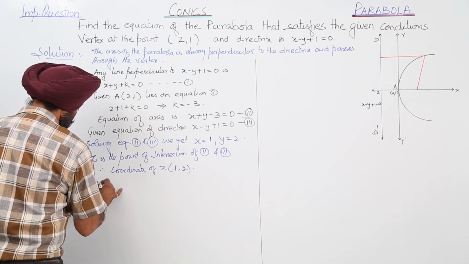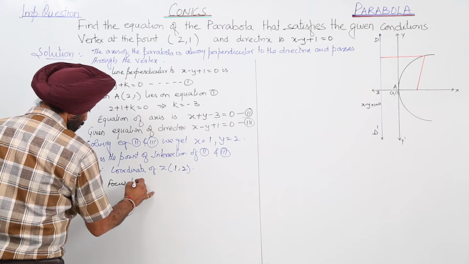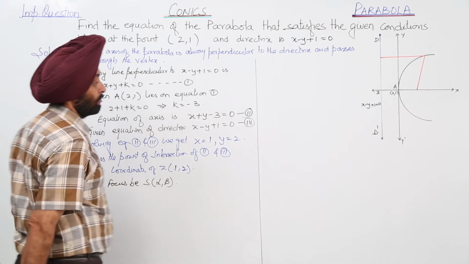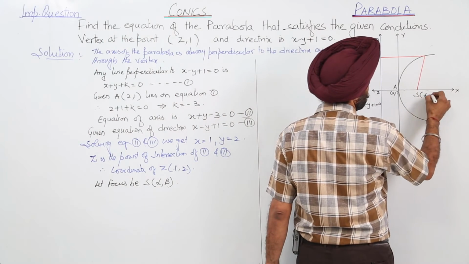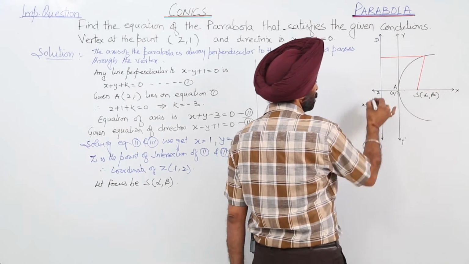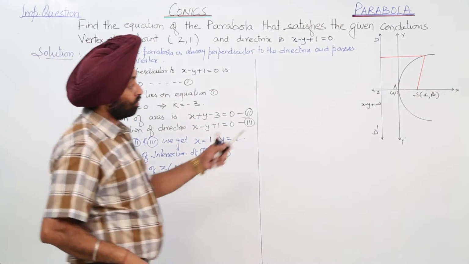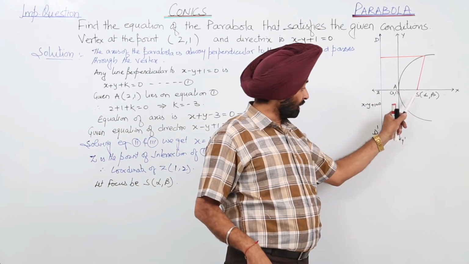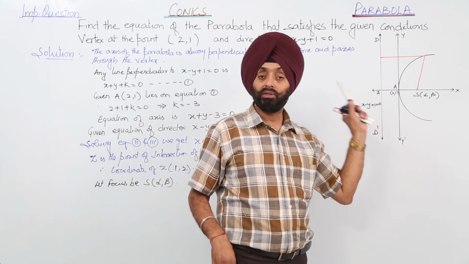Now let the focus be S with coordinates (alpha, beta). We have the coordinates of Z as (1, 2), the coordinates of S, and the coordinates of A, and A bisects ZS.